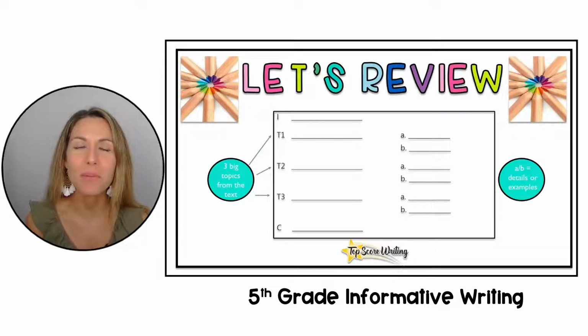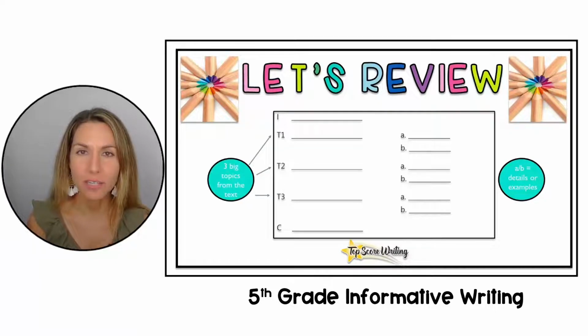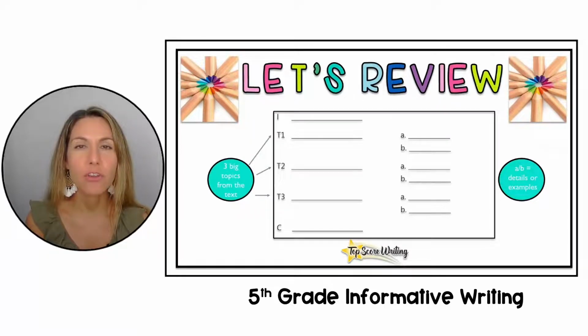Now we learned that when we plan for an informative essay, we plan by using an ITC outline. The I stands for introduction, T stands for topics, and C stands for conclusion. There are 3 topics or T paragraphs in our informative essay.